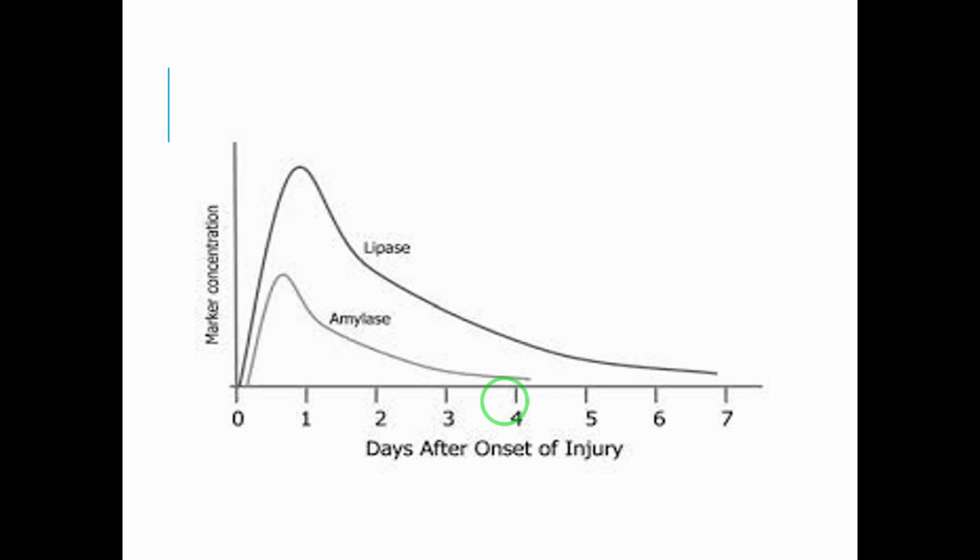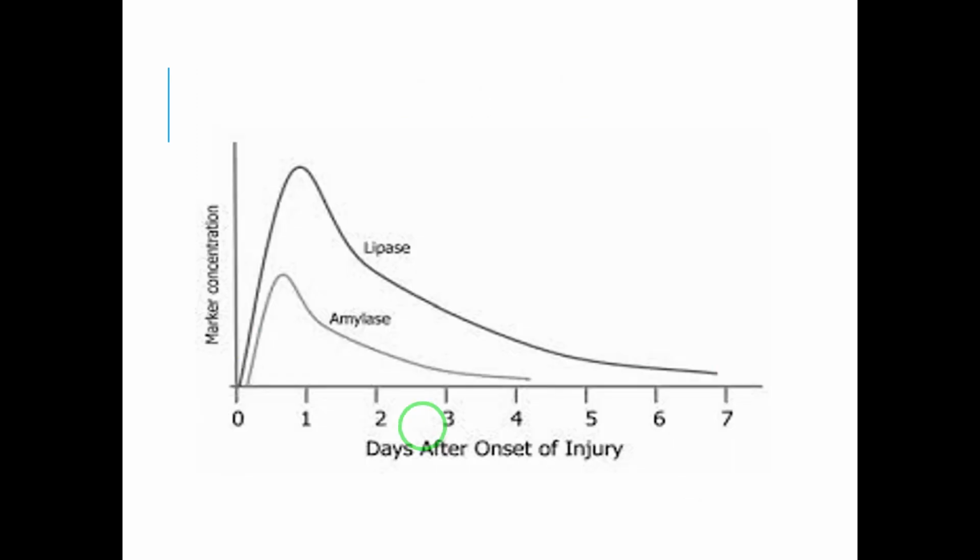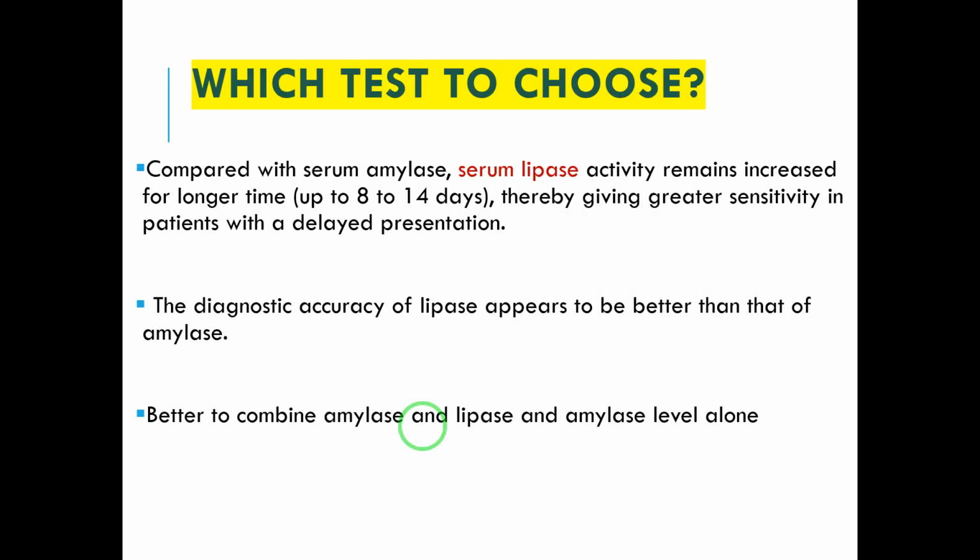So if the patient presents late, lipase is better than amylase in case of acute pancreatitis. Which test to choose? It is better to combine both of them, lipase and amylase, and also depend on the time of presentation of the patient.